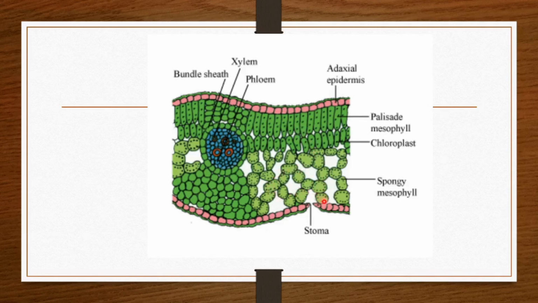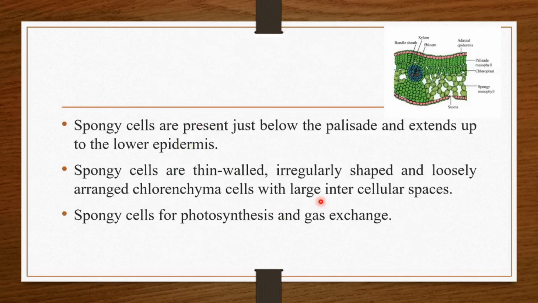Here you can see the spongy mesophyll cells. The spongy cells are present just below the palisade and extend up to the lower epidermis. This is the palisade cells and this is the spongy cells, and this extends up to the lower epidermis.